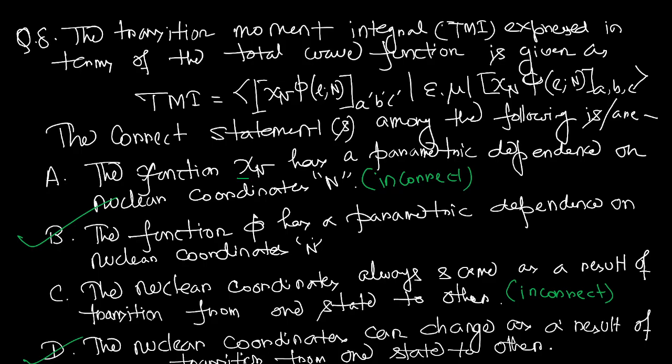If you look at the big picture of psi En, you can see the whole expression of the wave function has both the electronic part as well as the nuclear part. Therefore it is concluded that psi, which is the wave function for the electron, is also parametrically dependent on the nuclear coordinate.